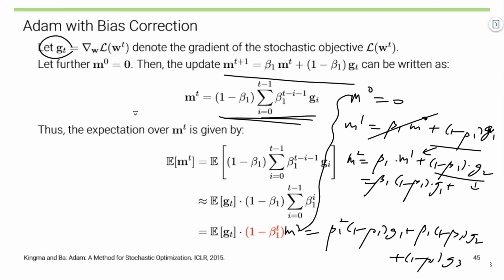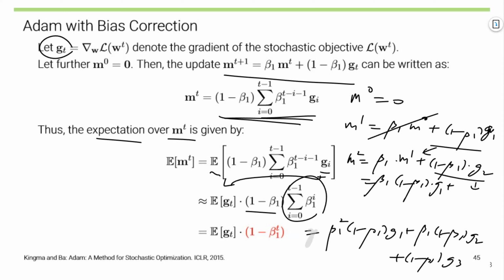And we want to calculate the expectation over MT, so you can put the expectation operator here. Here, we assume that the GTs are independent, and we can extract this, and this will become 1 minus beta 1 times this summation.